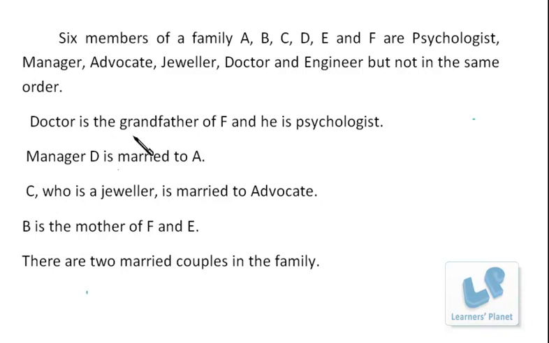Now from the first information, it seems that there are 3 generations. So we have to take the chart of 3 generations. Let's begin from the first statement. Doctor is the grandfather of F and he is psychologist. That means F is psychologist and doctor is the grandfather of F. That means F is in the 3rd generation, the last generation.